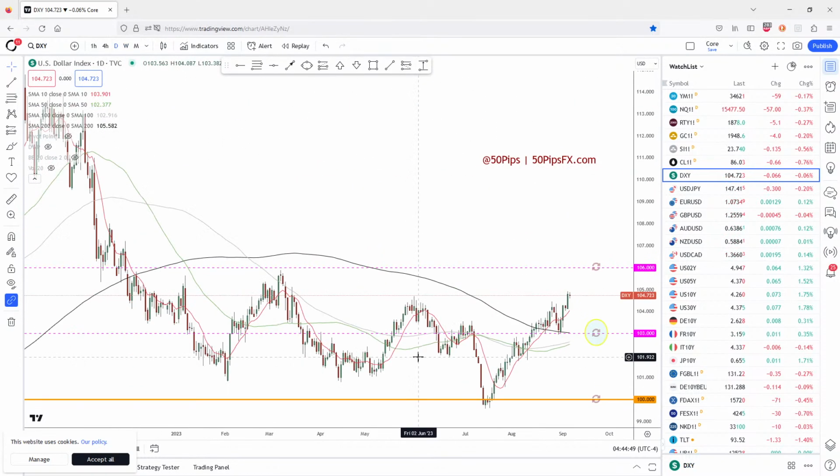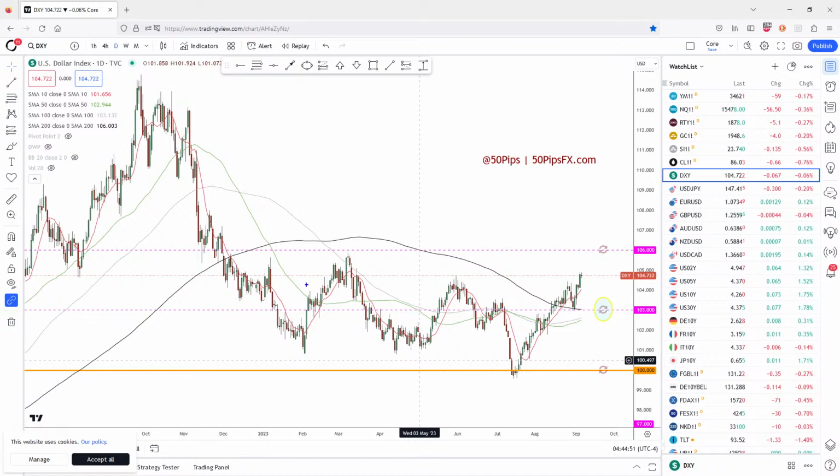Basically, we had been stuck in a sideways range, and this is what we would call essentially a false break. Once you get this false break, we said, high odds that the market will eventually try and rotate back into mid-range. The range we're working with is 106, 103, 100.